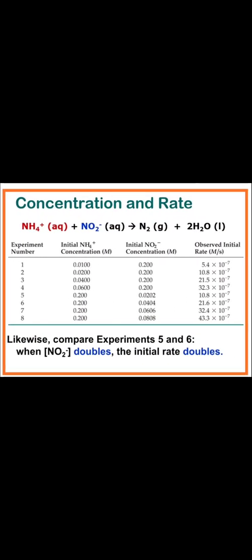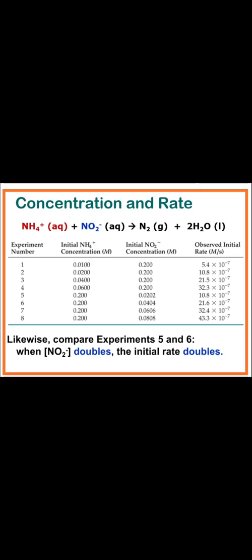Let us see another experiment. Compare now 5 and 6, where the concentration of NH4 plus is remaining constant, that is 0.200, and that of NO2 minus changes from 0.202 to 0.404, that is double. The rate of reaction almost doubles.